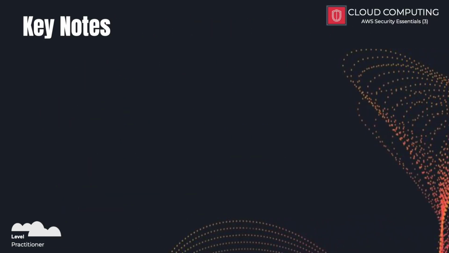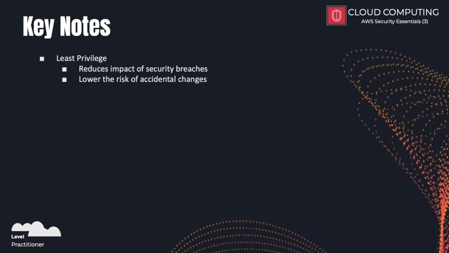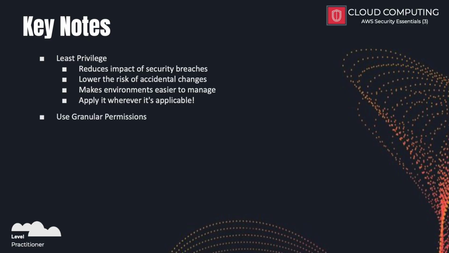Okay, before finishing the video, let's have a quick summary of what we covered. Least privilege reduces the impact of security breaches, lowers the risk of accidental changes, and makes environments easier to manage. You should always remember to apply it wherever it's applicable. Use granular permissions, avoid broad access, and regularly review who has access to what.